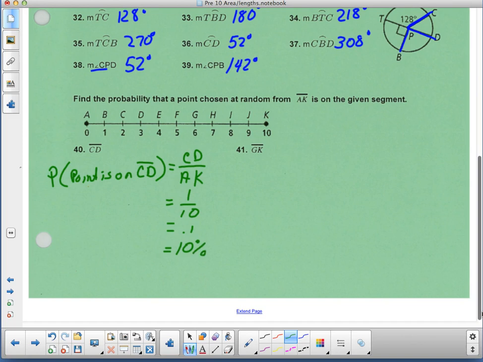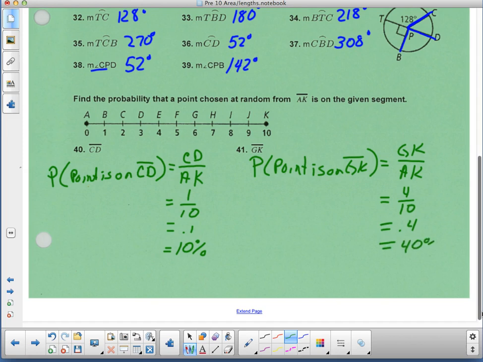And for GK, the probability my random point is on GK is equal to GK over AK. K is 10, G is 6, 10 minus 6 is 4. And then I'm looking at the whole length, which is 10, so I got 0.4 or 40%.